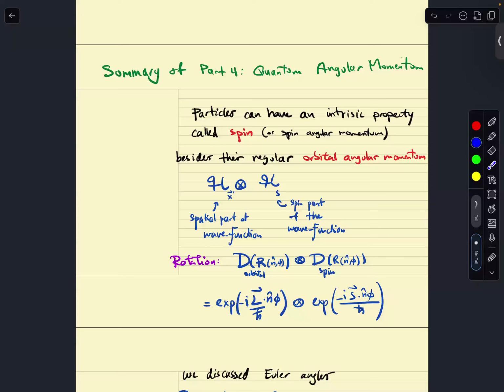So the action of a rotation would correspond to a representation of rotation on the orbital part, tensor, representation of rotation in the spin part, right? And this notation means around the n hat axis by angle phi. We saw already that this is how we represent this. Good.